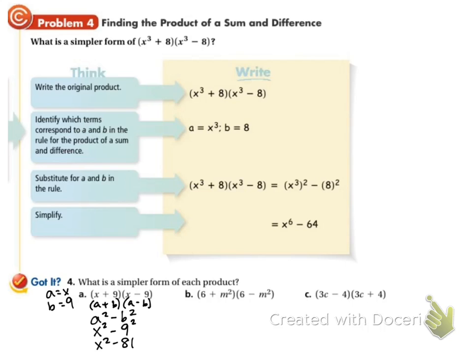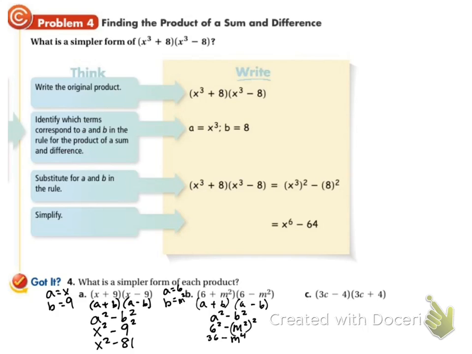If we match it up on this one, a plus b, a minus b, in this case our a is 6 and our b is m squared. Our general form is a squared minus b squared. Plug in my a, I get 6 squared, minus, when we plug in our b, we've got m squared squared. 6 squared is just 36, minus, when we have an exponent on the outside, we multiply. So this is m to the, well, 2 times 2, that's 4. So 36 minus m to the 4th.